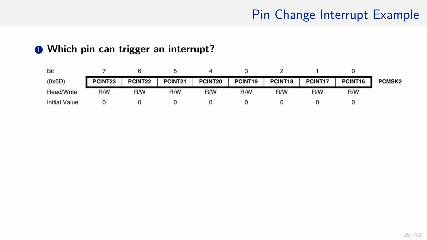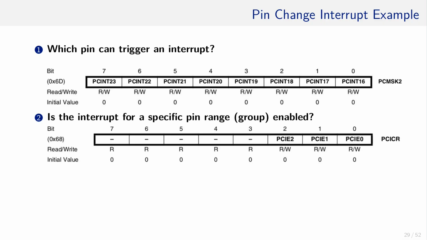Let's have a look at an example. Here we have PC mask 2, which controls the PCInt 16 till PCInt 23. If we want, for instance, PCInt 20 and 21 to be able to issue an interrupt, we have to set those 2 bits to 1.